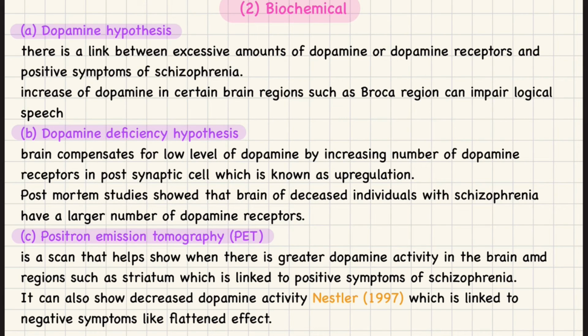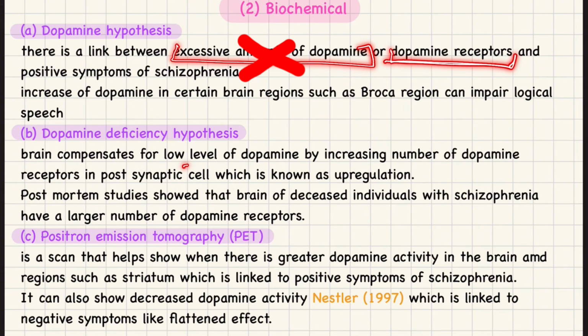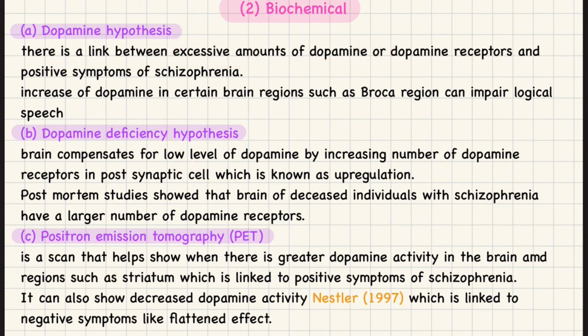Second is the dopamine deficiency hypothesis. Over here, we talk about the excessive amount of dopamine receptors. But why are there an excessive amount of dopamine receptors? This is because there's a low level of dopamine. And when there is a low level of dopamine, the brain compensates for this.